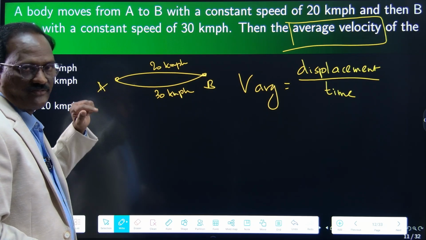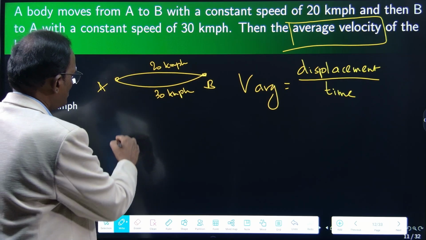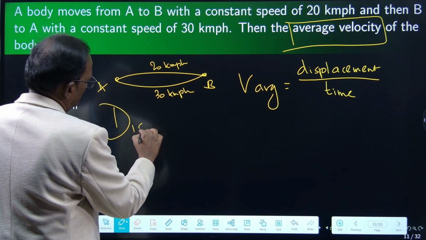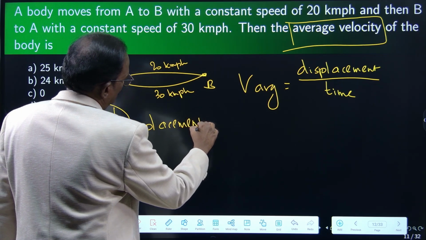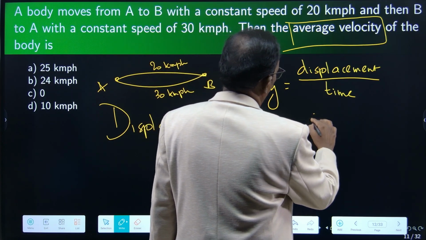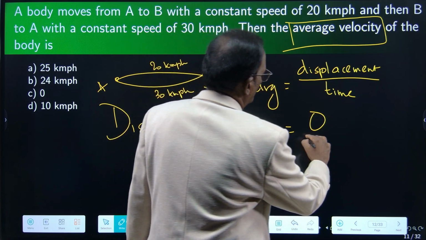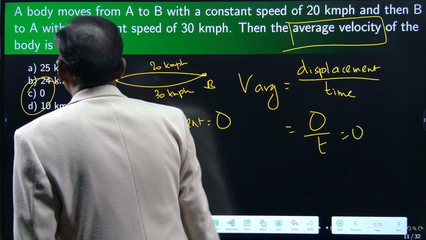So displacement here is 0. So V average is also 0. 0 by T is equal to 0. Answer is 0. Option C.